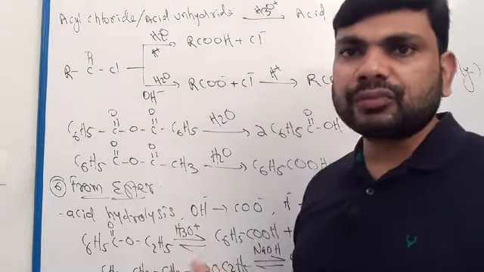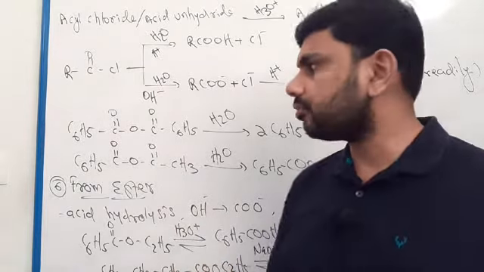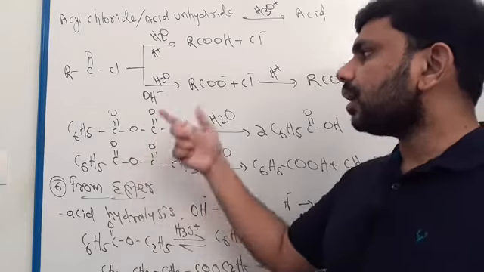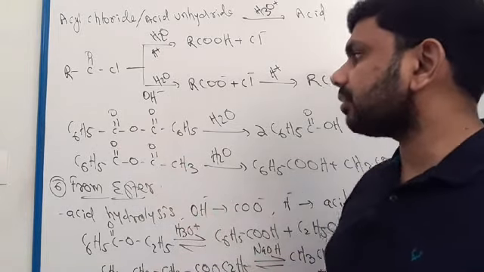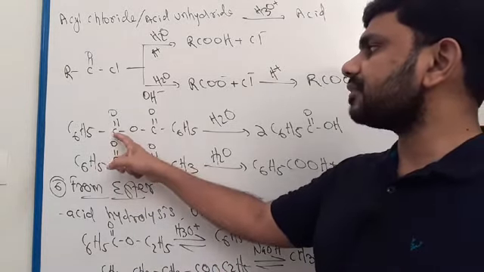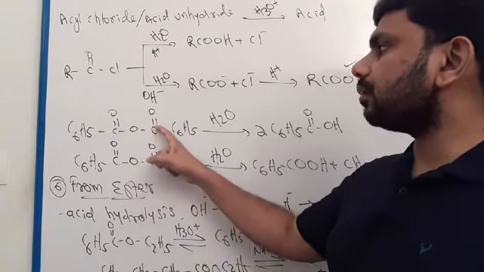Next one, preparation of carboxylic acid from acid anhydride. Acid anhydride means, we know, carboxylic acid after removing water forms acid anhydride. C6H5 double bond oxygen, single bond oxygen, single bond carbon.